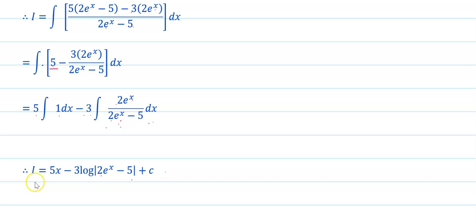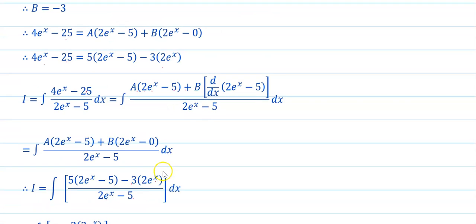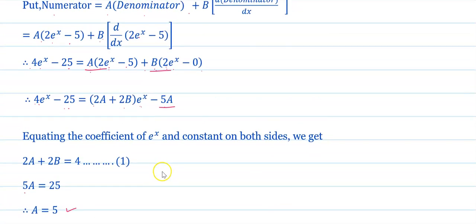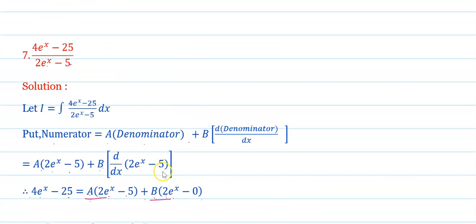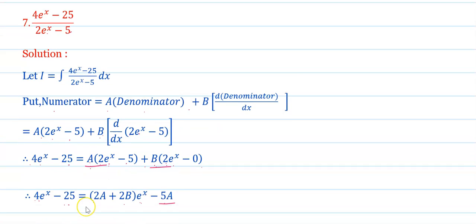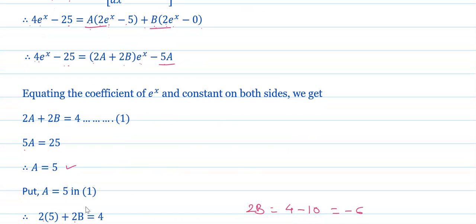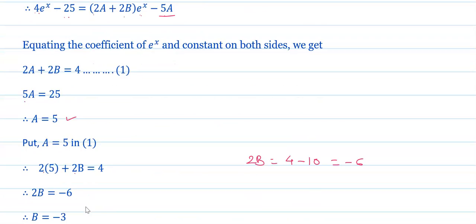Hence the answer I = 5x − 2 log|2e^x − 5| + c. Okay, find out the value of a and b.